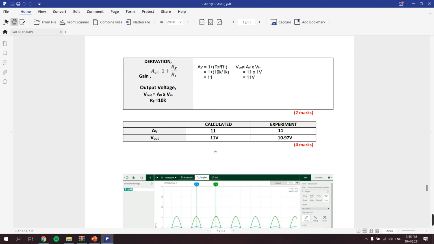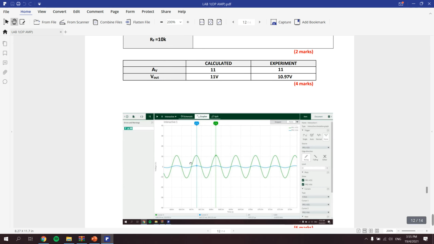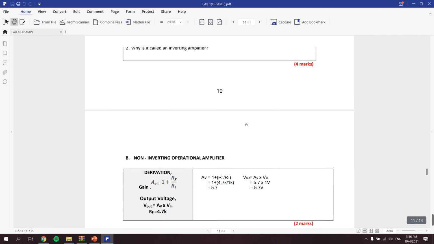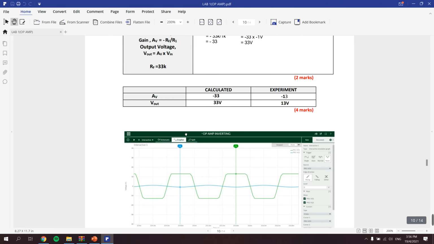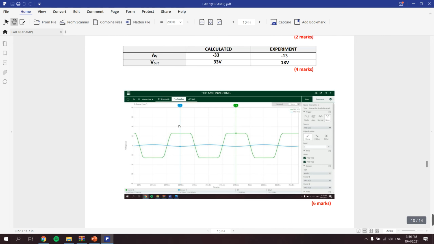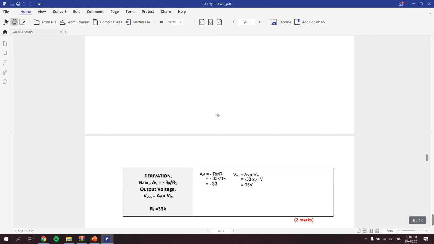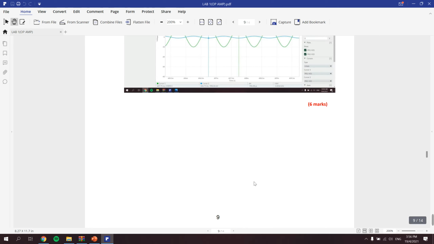For the non-inverting, the phase is the same, so positive phase in, the output will also be positive phase. And for the inverting, we get negative phase turning to positive phase. So it proves the theory that we learned in class is true.